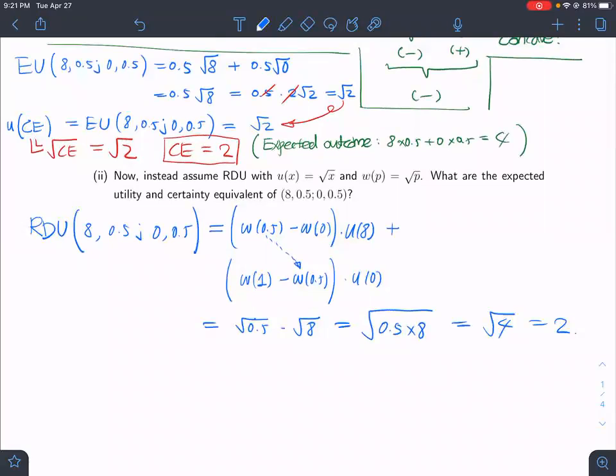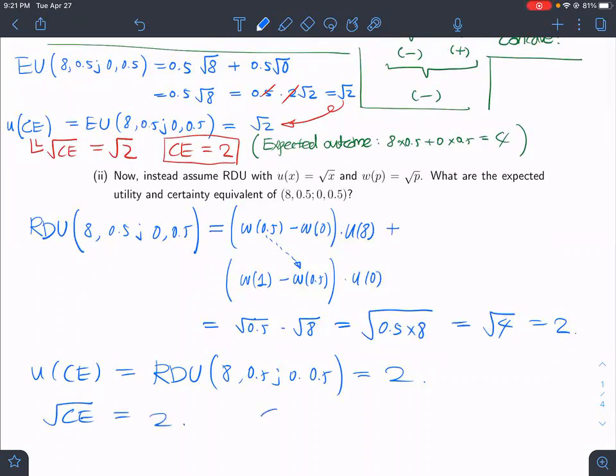Okay, and then the certainty equivalent should be equal to this rank-dependent utility given this lottery. We computed that the value of this rank-dependent utility is 2. So CE, square root of CE is 2. So CE should be 4.